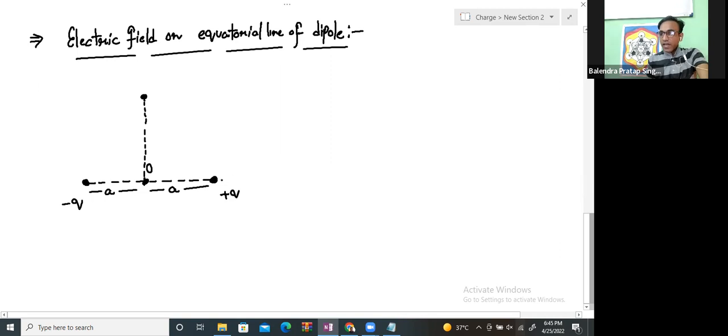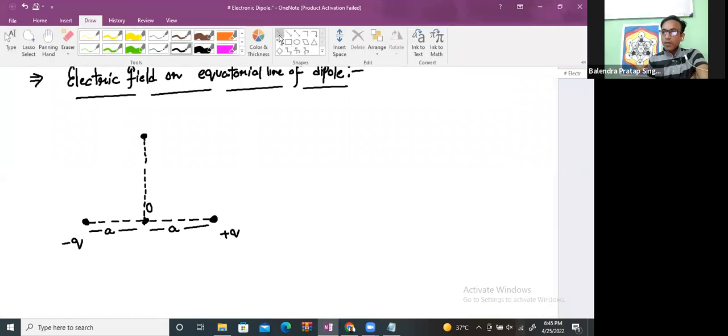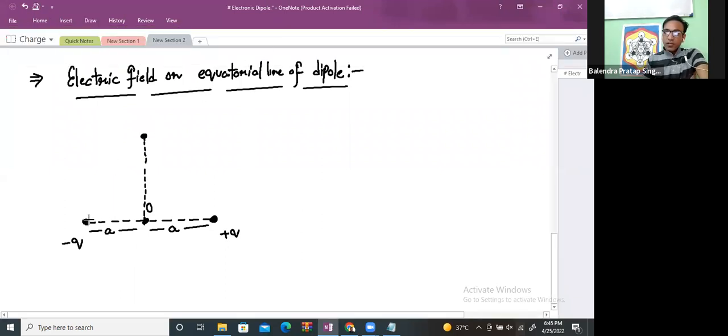And what is the axial line? The axial line is something like this. This is your axial line. We already know the electric field on the axial line. Now we are interested in finding the electric field on the equatorial line. Is it clear to all of you? Okay, now we can do some geometry.